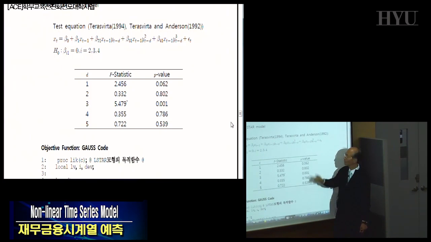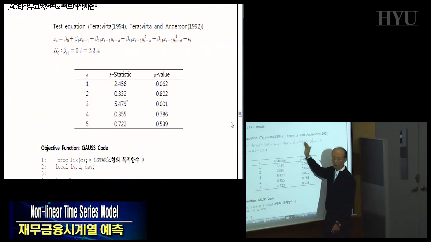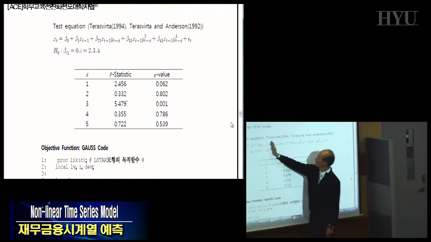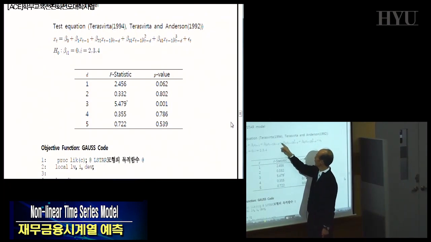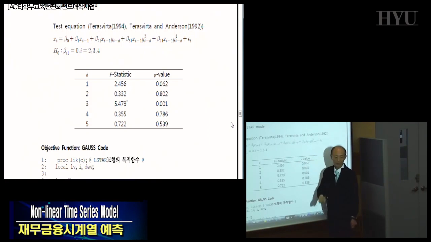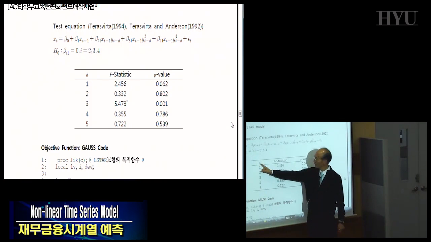Okay? So fit that model and test whether these coefficients are jointly significant, setting d equals 1, 2, 3, 4, 5.